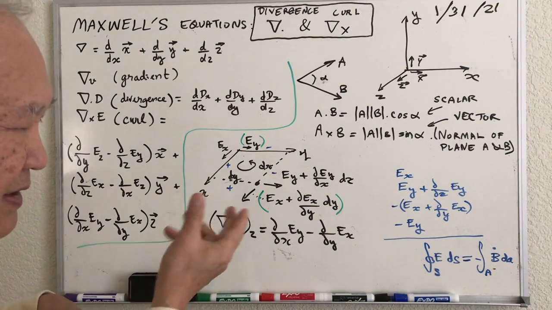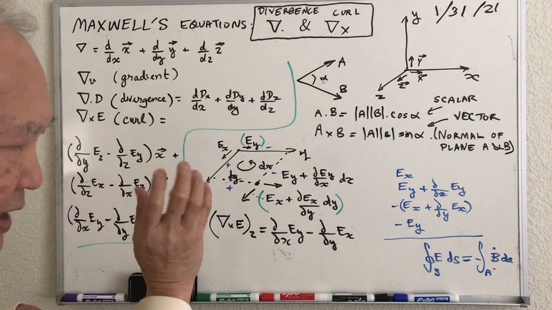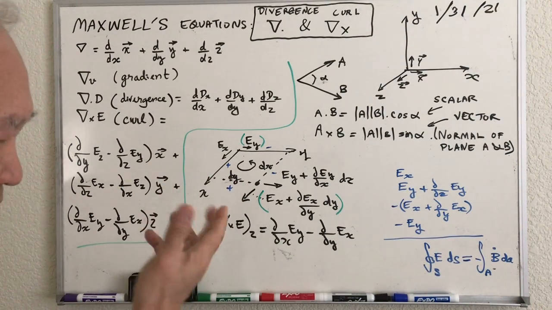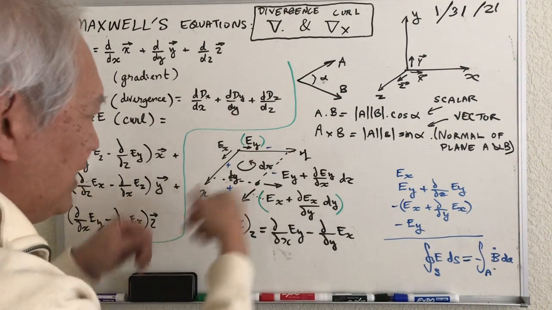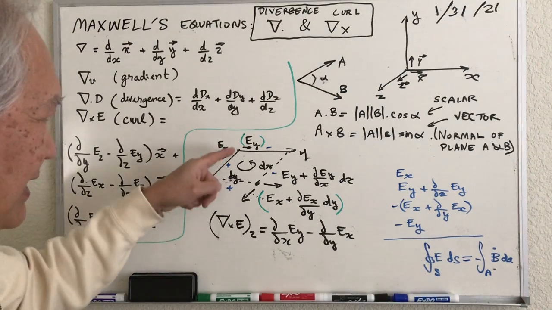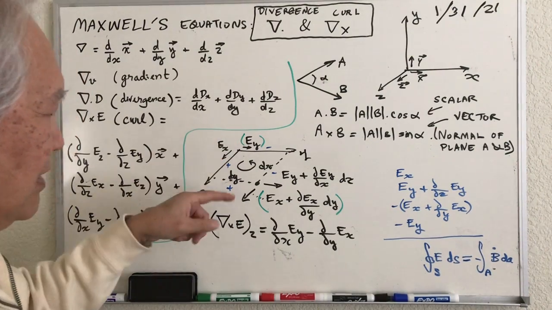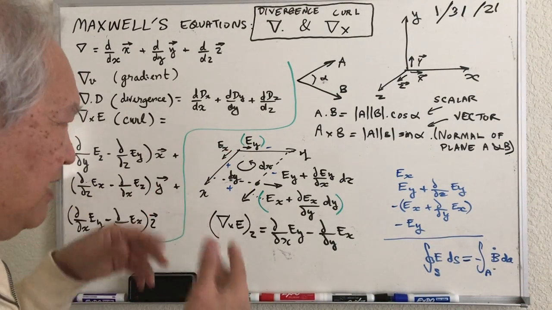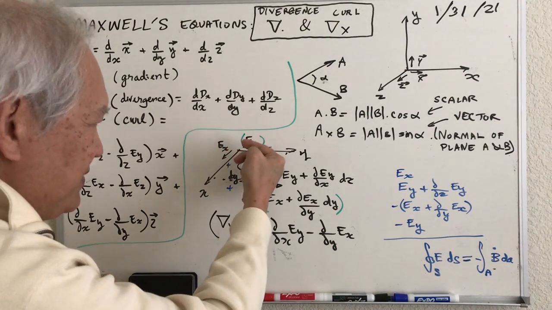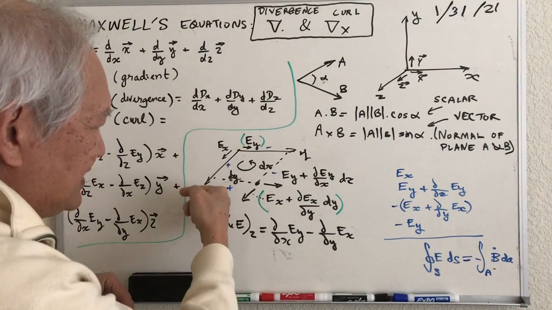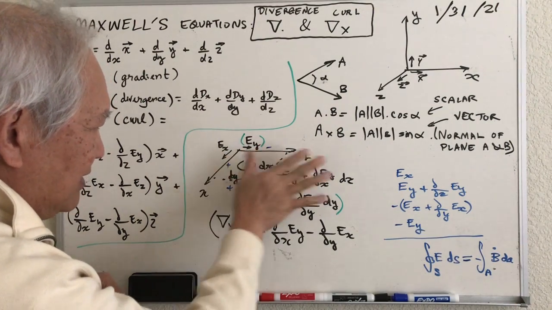Now you'd be interested in the degree of rotation of that leaf on that surface, and that surface is defined by the two axes, x and y. So at one point here, the leaf is moving at a speed of Ex in the x direction and Ey in the other direction.